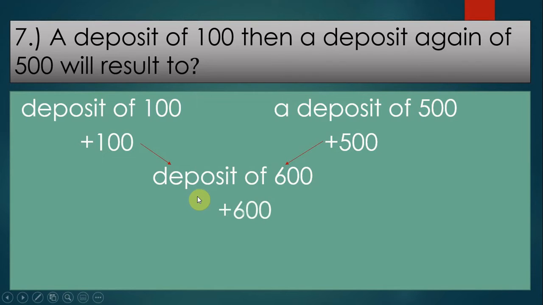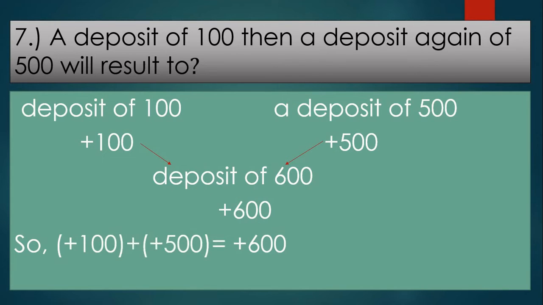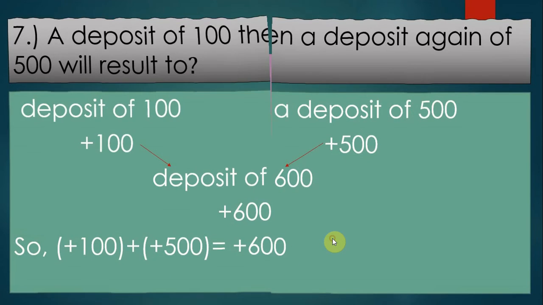So therefore the answer is positive 600. Again, to write mathematically, positive 100 plus positive 500, the answer is positive 600. These numbers having the same sign, they're all positive, they're all deposits. You add up, so still a deposit.